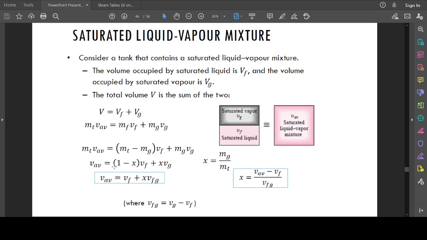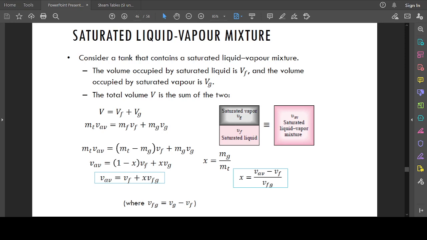Now, how do we expand this? We open this bracket. So Vf multiplies 1, it becomes Vf minus x Vf plus x Vg. We now move the minus to subtract there, so it becomes Vf plus x Vg minus x Vf. So x Vg minus x Vf is given as x Vfg.